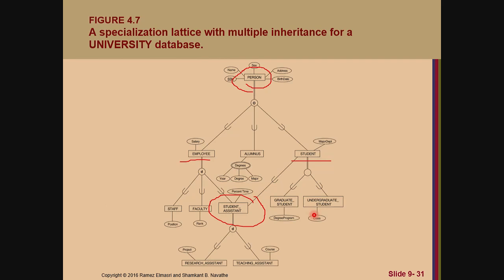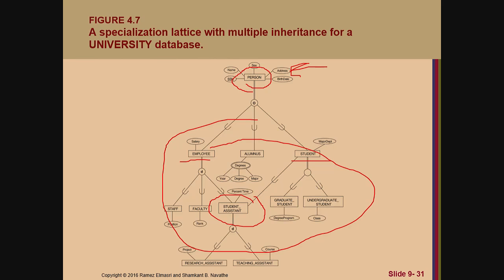At first, you have to understand that all of them are persons in the university, and person is the superclass here. So all of them must have the same key, SSN, as the key.